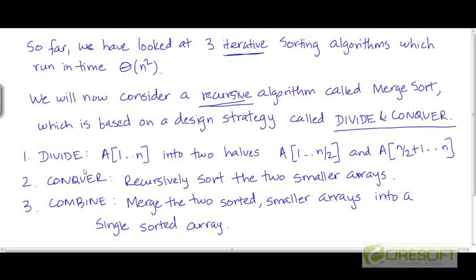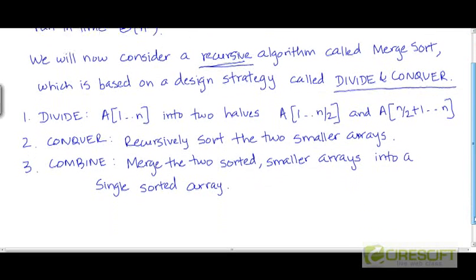Now, having divided the original problem into these two subproblems, in the conquer step, which is the second step, we are going to recursively sort these two smaller arrays. And having sorted the two smaller arrays, in the third step, we are going to combine the solutions to both these subproblems. We are going to merge the two sorted smaller arrays into a larger single sorted array.